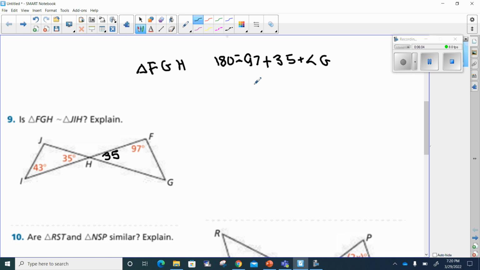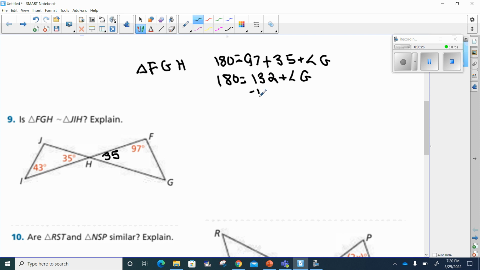Well, 7 and 5 is 12, right? We carry the 1. This would be 10 plus 3, which is 13. So 132 plus angle G has to equal 180.